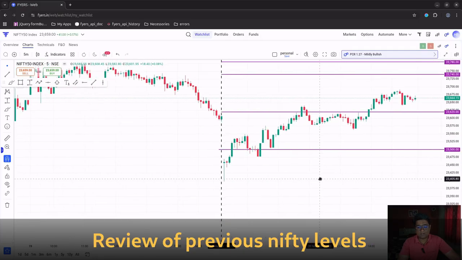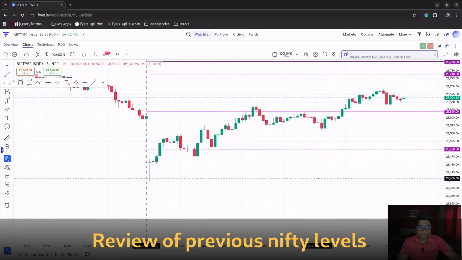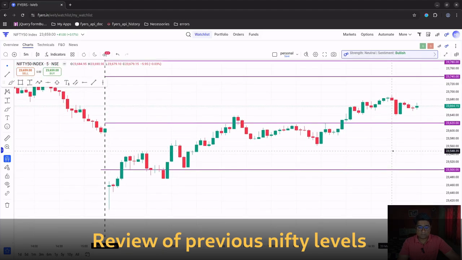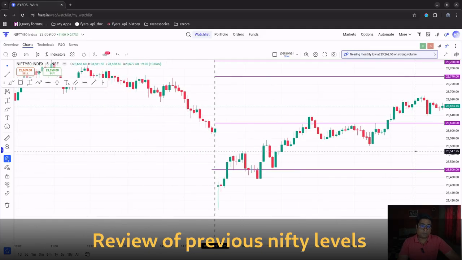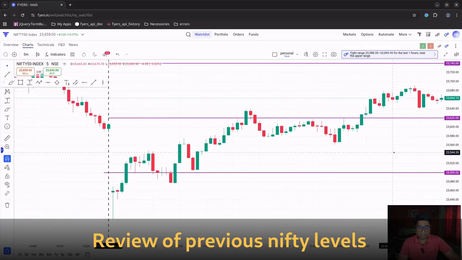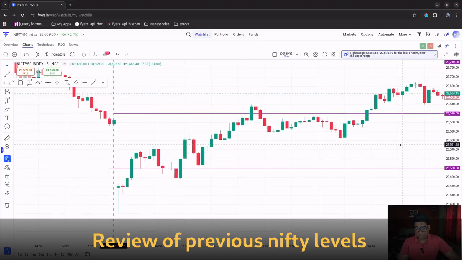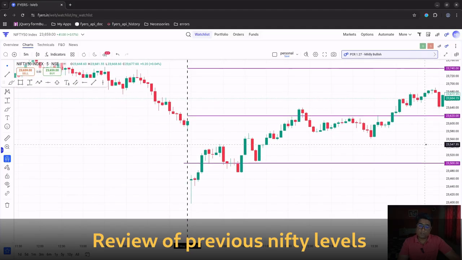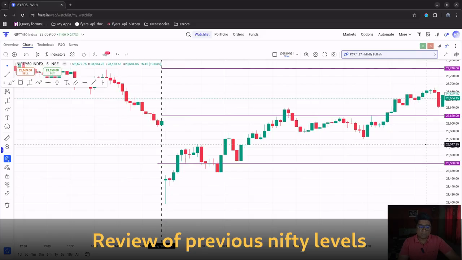Generally the gaps are due to the overnight global market fluctuations. Some western markets close after our market closes, so the impact of that, generally Dow Jones and those western markets, we get to see in the next day's Nifty opening.